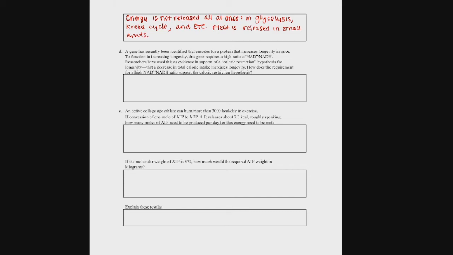So when we eat less stuff, we can say, if we eat less stuff or decrease our calorie intake, we're also decreasing the rate of glycolysis and the Krebs cycle because there's less to work with.